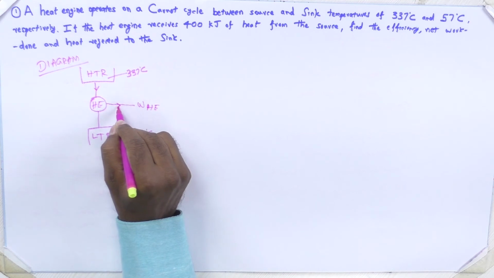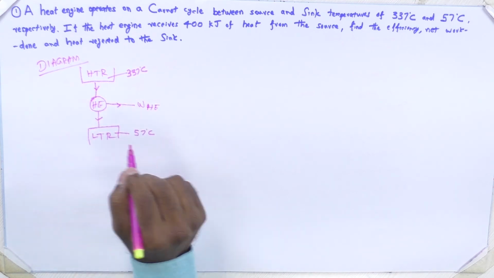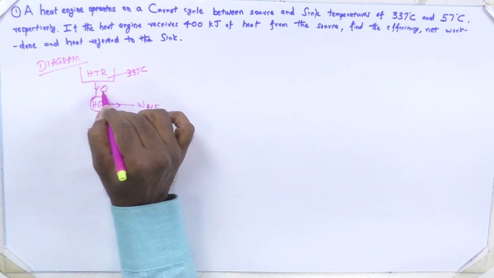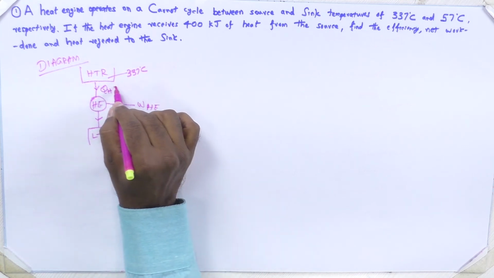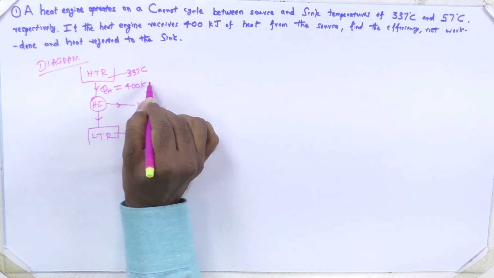These are the directions of heat flow, and 400 kilojoules of heat is given to the heat engine.